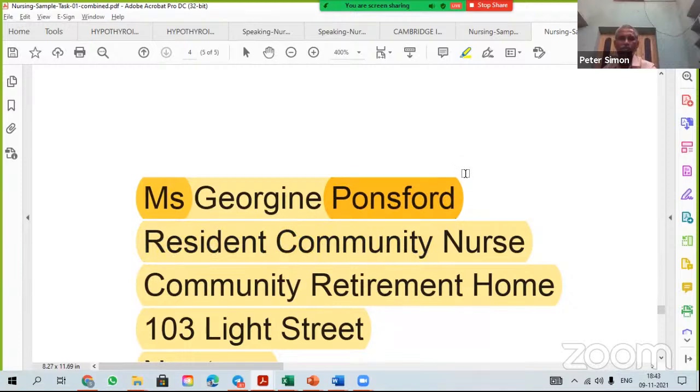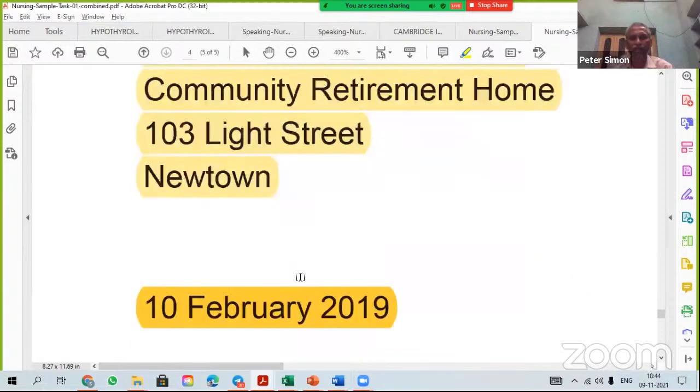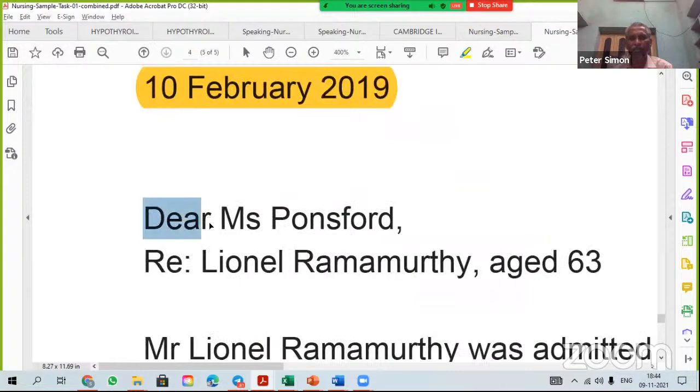Miss and Ponsford, these two are very important. So you'll add Dear here, and then the title, and then Ponsford. You can write a comma or you can leave it out. That is not a problem at all. Dear Miss Ponsford.